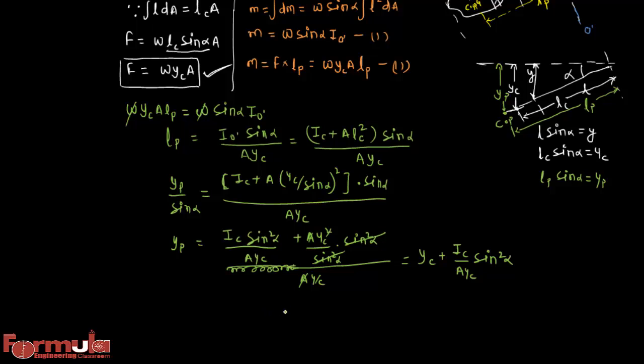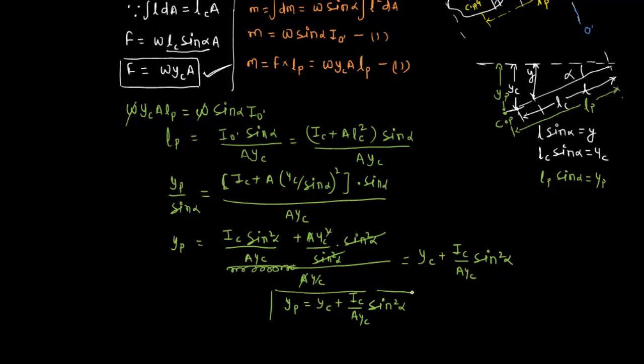So we can write this one, that is YP is equals to YC plus IC by A YC sin square alpha. So this is the distance of center of pressure from the free surface of fluid.